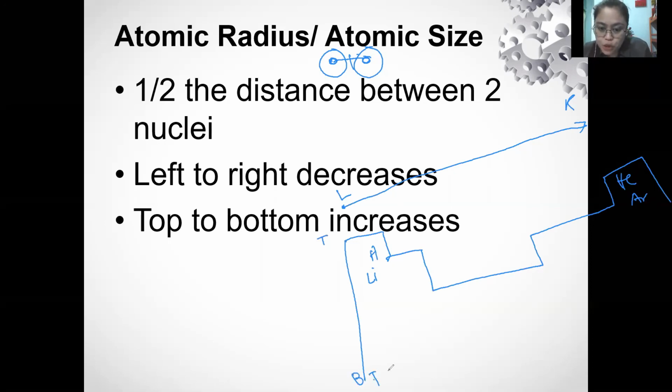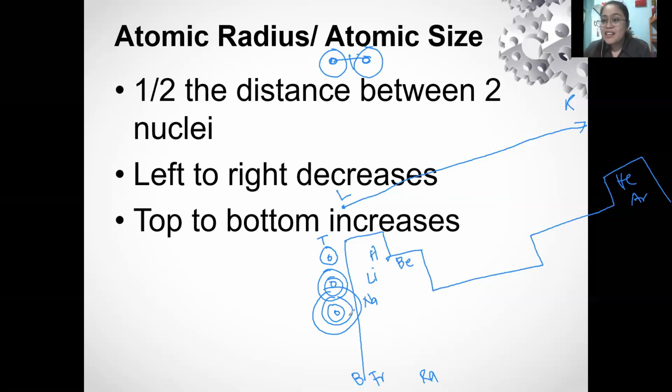But as you go from top to bottom, so you have beryllium here, and then radium at the bottom. Take note of the trend. From top to bottom, nag-i-increase ang atomic size natin. So it can be explained because of the energy shell. Remember class, pag nasa period 1 siya, meron lang siyang isang energy shell. Pag nasa period 2, dalawa, kaya lumalaki yung atom. Pag period 3 like sodium, syempre meron na siyang tatlo.